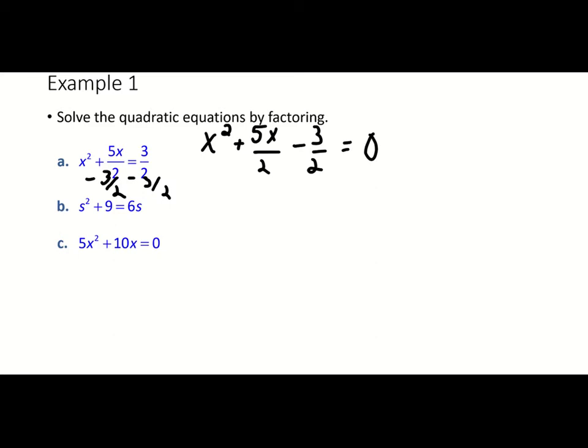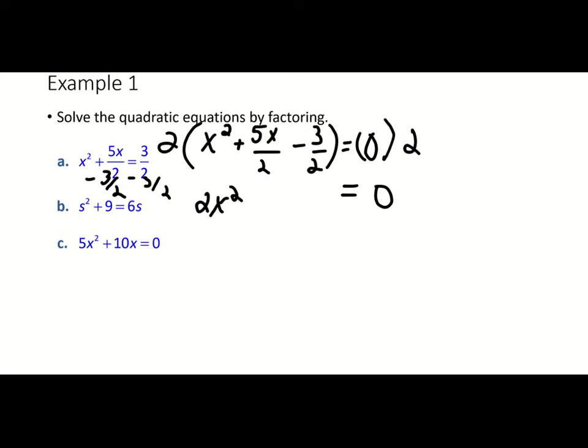And then what we want to do is go ahead and get rid of that fraction. So remember, to get rid of fractions, you multiply by a common denominator. In this case, it's 2. And you're going to multiply everything by 2. Of course, anything times 0 is 0. 2 times x squared will give me 2x squared.